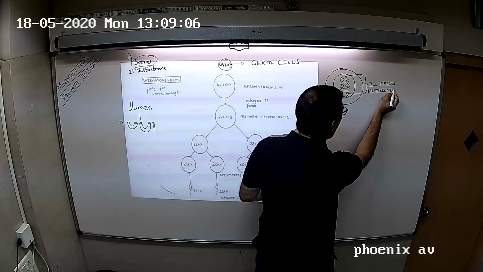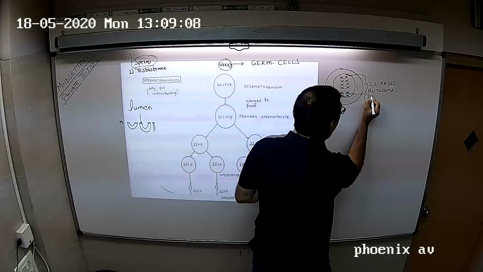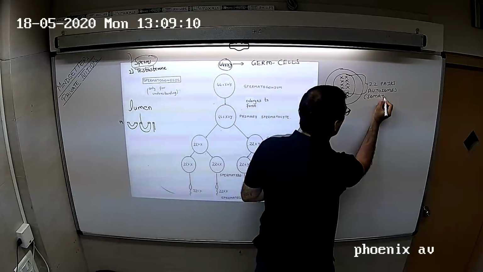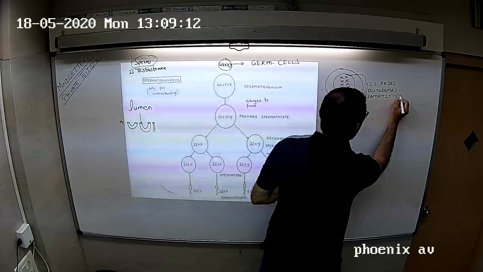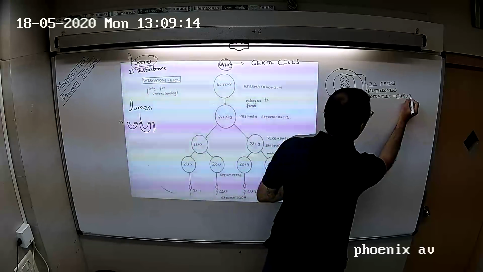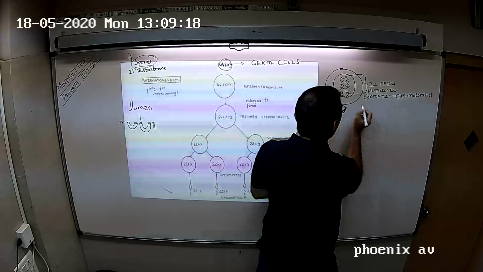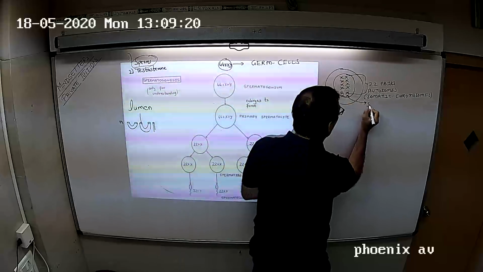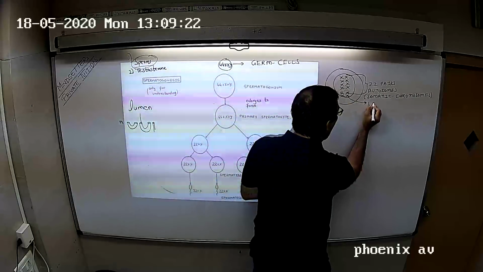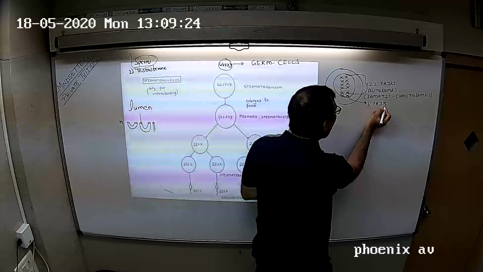Autosomes are also called somatic chromosomes, and we have one pair of sex chromosomes.